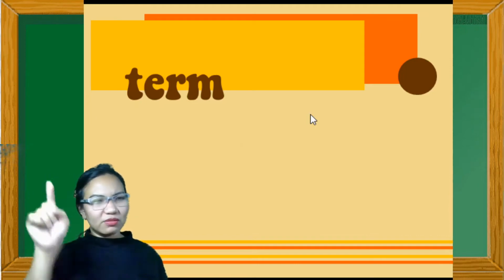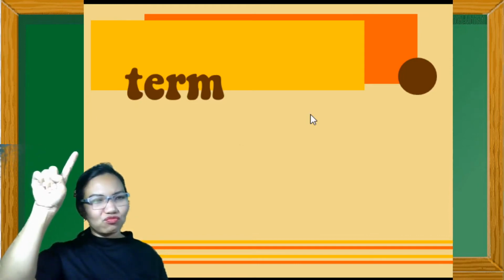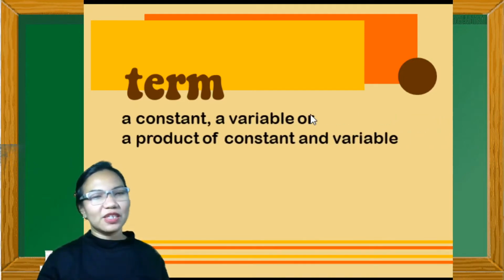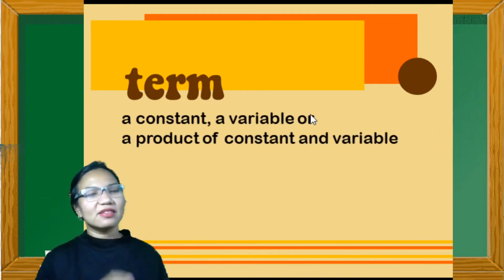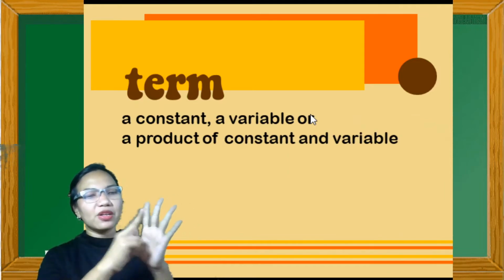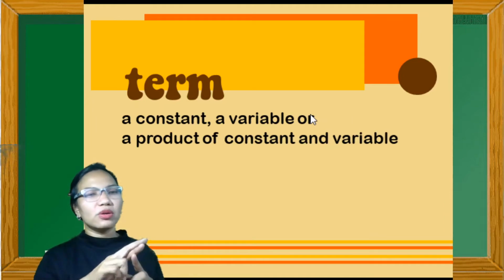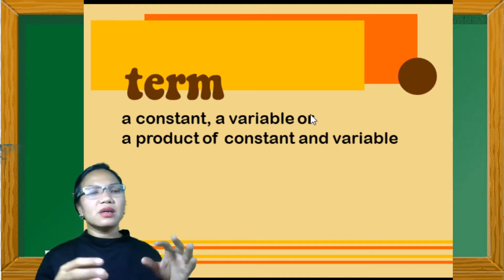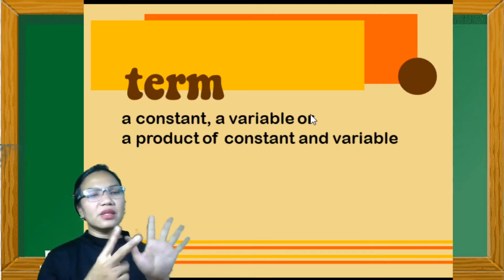Do you know this one? Term. So it is a constant, or it is a variable, or it could be a product of the constant and the variable.